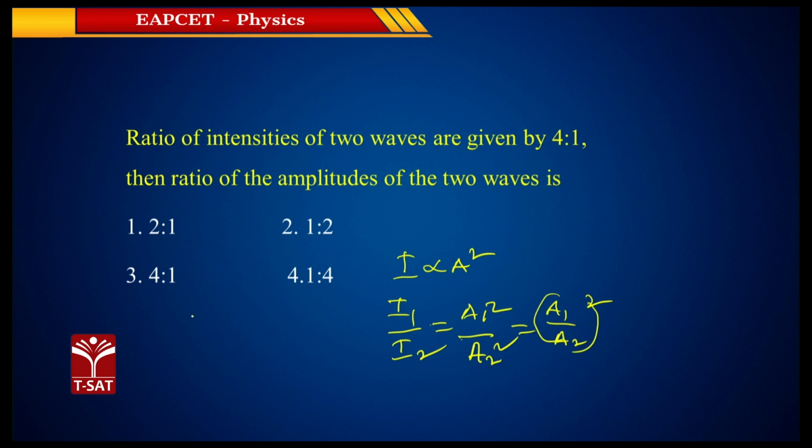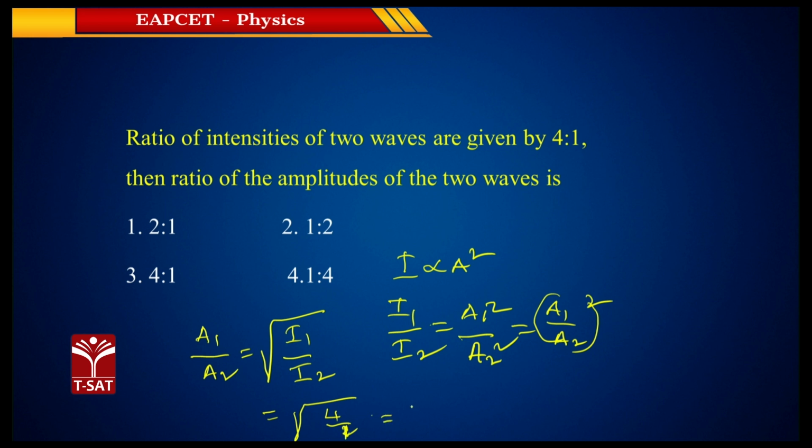Therefore A1 by A2 is equal to under root of I1 by I2. Here I1 by I2 is 4 by 1.